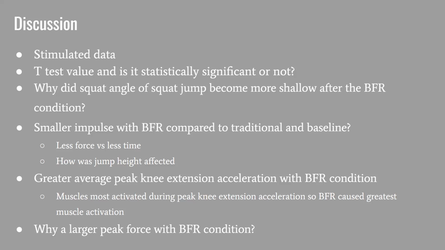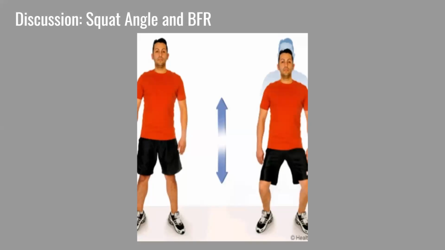And we're going to go over why we got larger peak force with BFR conditions. For our results, we found that the squat angle is greater in the BFR condition. That means the depth of the squat is less than the other two conditions, and the squat is more shallow than the other two interventions.